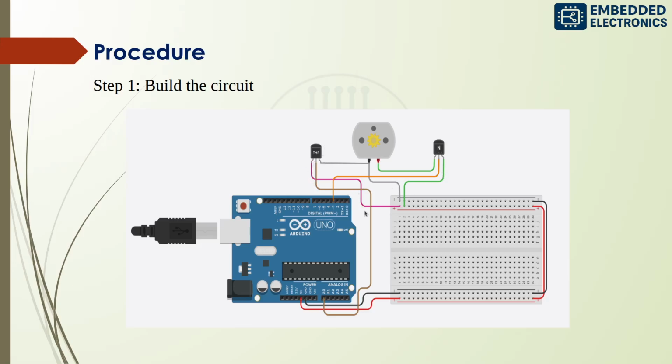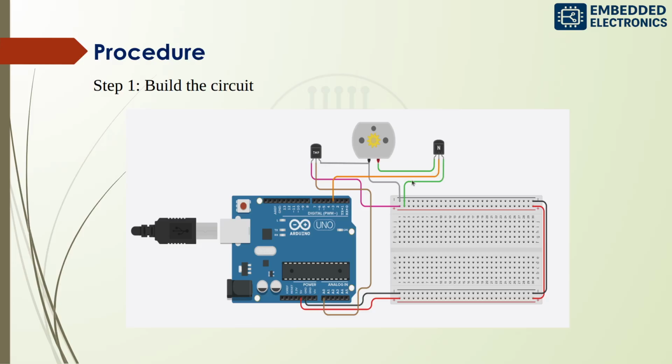So this Vout is connected to the analog pin, so it sends a varying voltage to the Arduino. And this is the NPN transistor. Since the Arduino pins cannot provide enough current to spin the motor directly, this acts as an electronic switch.